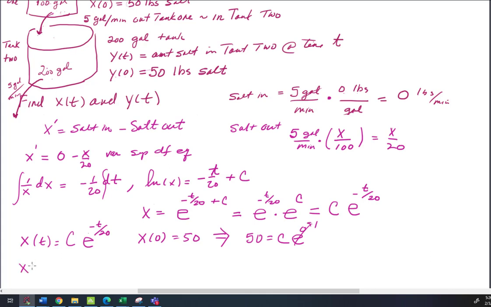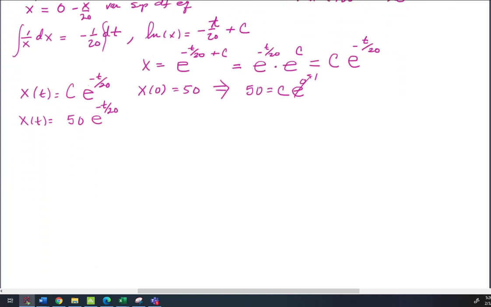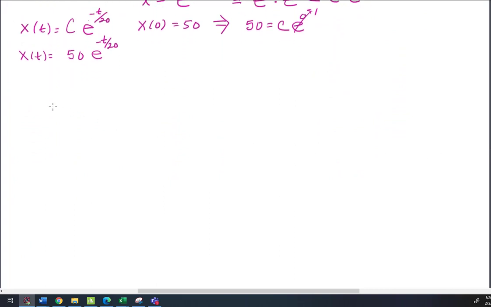So finally we'll write x of t is equal to 50 e to the negative t over 20. And that's how much salt in pounds is in the first tank.